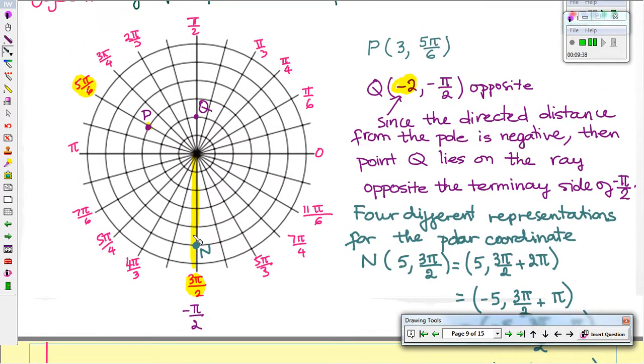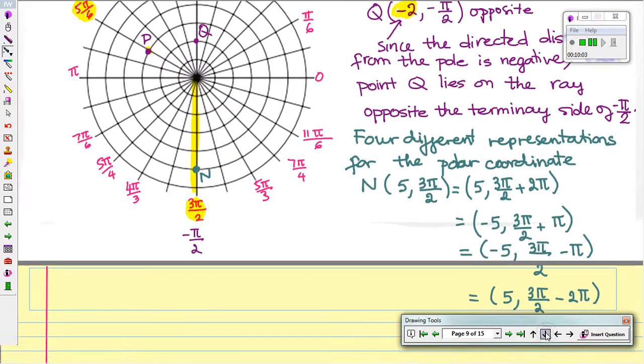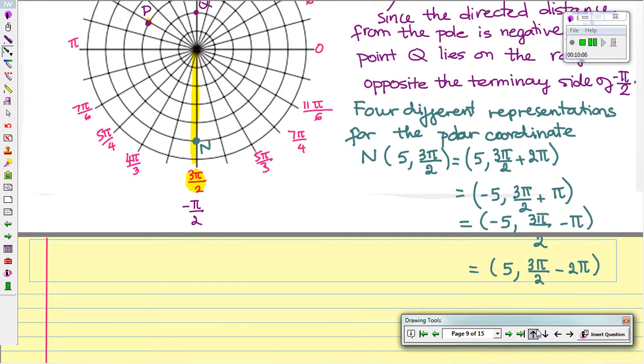Okay, I'm going to go ahead and go back here. From 0, you locate 3 pi over 2. And now you subtract 2 pi. It means that from here you go backward 1 complete rotation. You still end up at the same terminal side. So that's why that was exactly the same point.